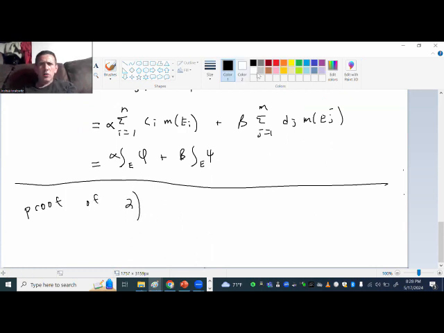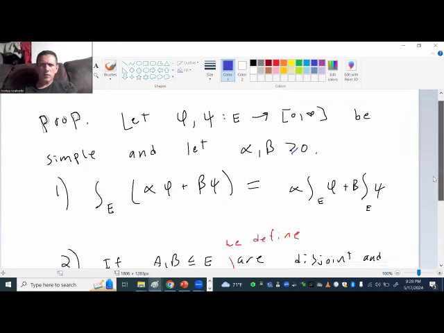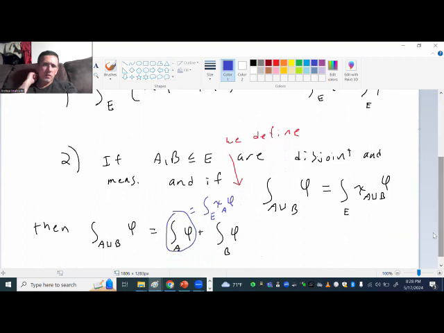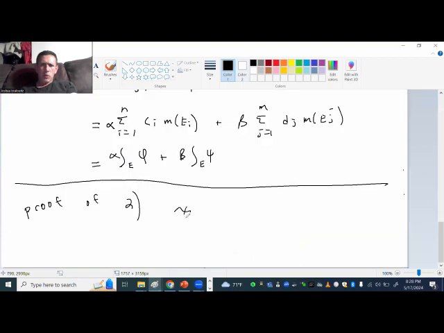Remember what two is? Two is this here. This relies on a fact we already used above, so we don't need to say much about it.